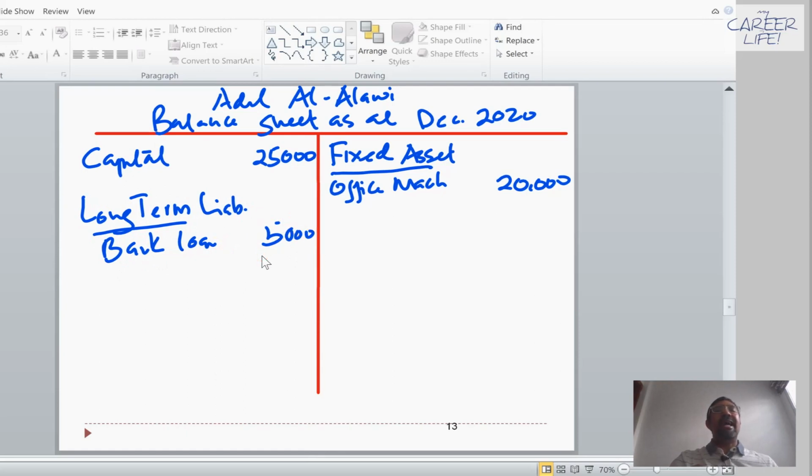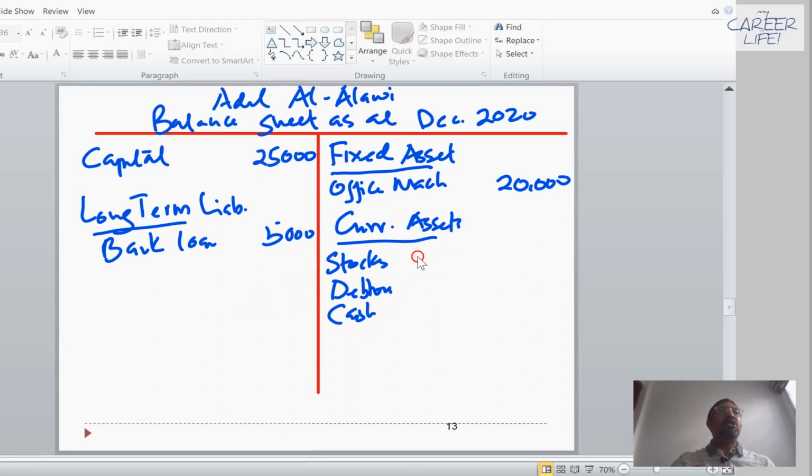Then on the other side, we were told that he had stocks, debtors and cash. So all these were classified as current assets. So you write current assets there. Then you have stocks, you have debtors, and you have cash. How much was stocks? 3,500. Debtors were 4,500.